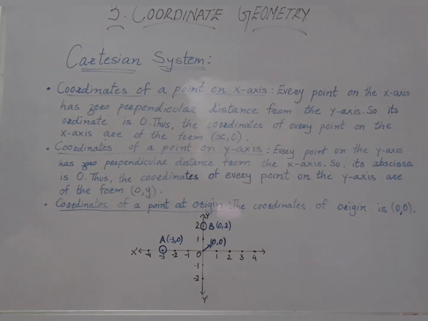Its perpendicular distance from the y-axis is 0 and from the x-axis is also 0. So the abscissa and ordinate of origin are always 0, 0.